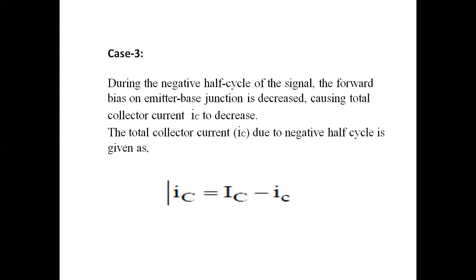And next case, during negative half cycle of the input signal, the forward bias on the emitter base junction is decreased, causing the total collector current IC to decrease, because during negative half cycle duration, the magnitude is going to decrease.